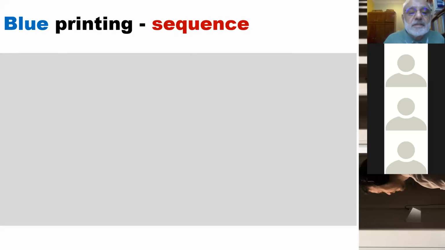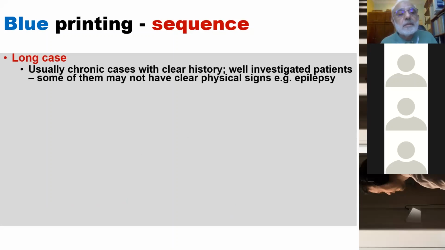So one suggestion is the sequence. We have a list of conditions which we think the students should be examined on. It might be an exhaustive list, but from that list, we first choose the conditions which can be examined as a long case.